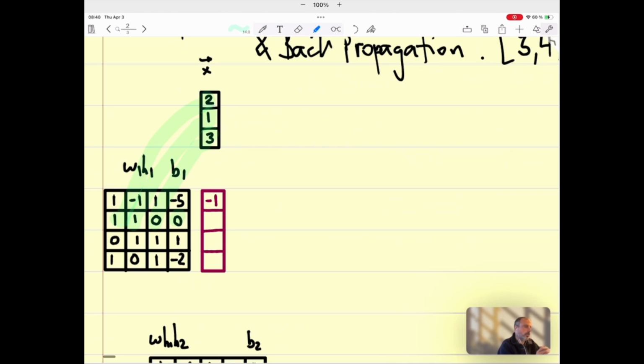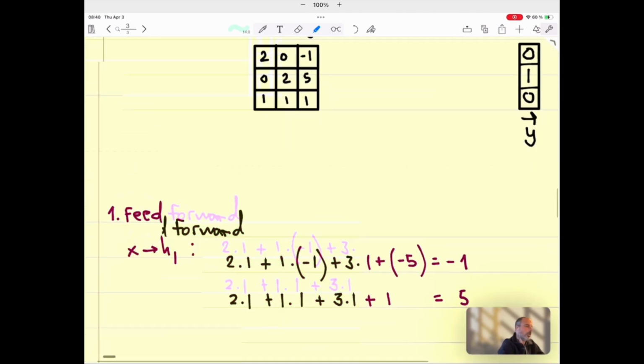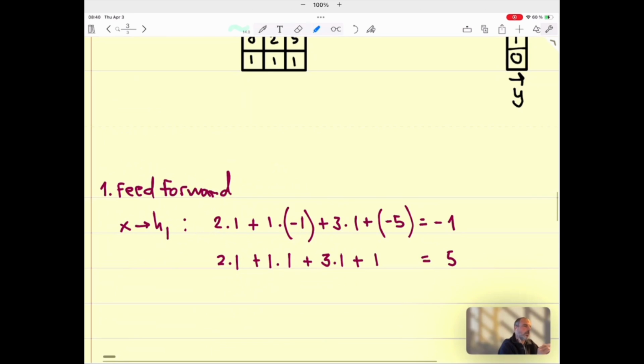Wait. Am I correct here? No, I didn't write it correctly. I did the third, not the second. I just jumped one line. So this is 2 times 1 plus 1 times 1 plus 3 times 0 plus 0 equals 3. This is correct.